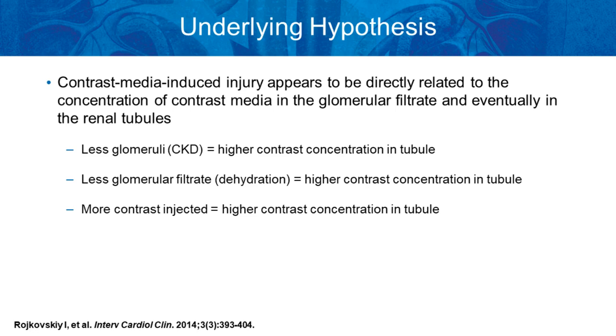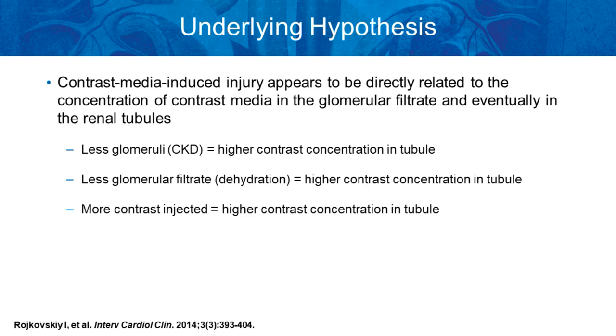So I'll repeat that again. The likelihood of kidney injury, or the tubular injury, is directly proportional to the amount of contrast that gets to the tubules. It sort of makes sense. If you expose an animal, a bacteria, or a cell to a toxin, the more toxin it's exposed to, the more likely it is to suffer injury from the toxin.